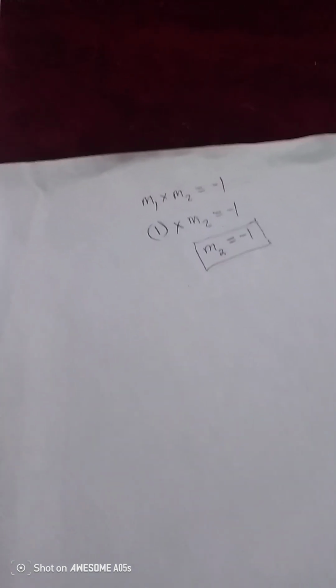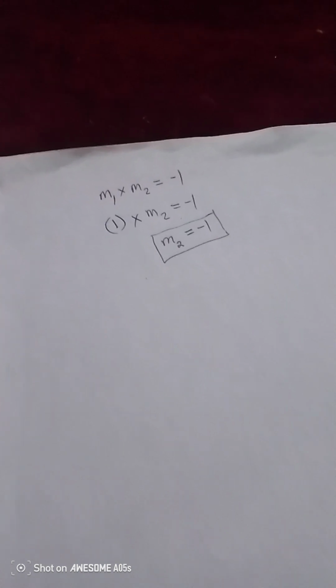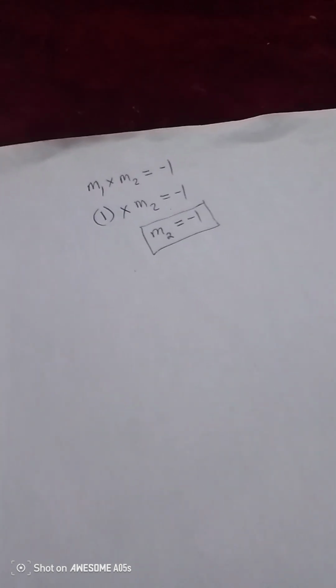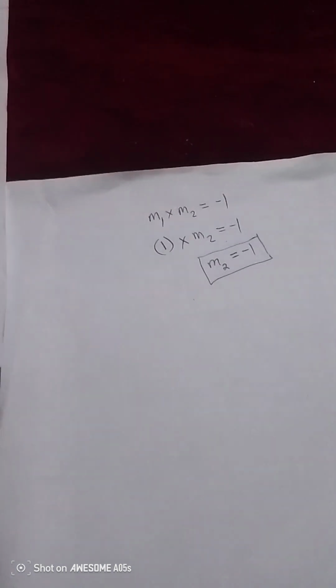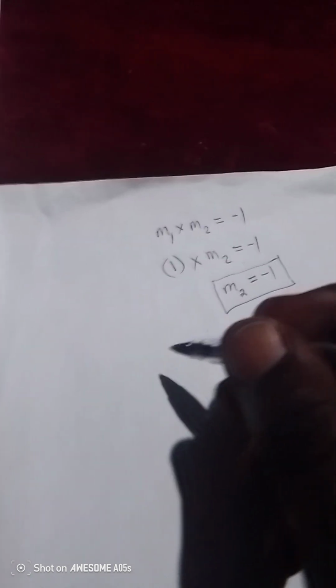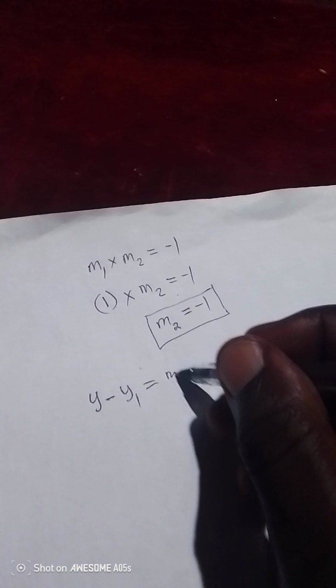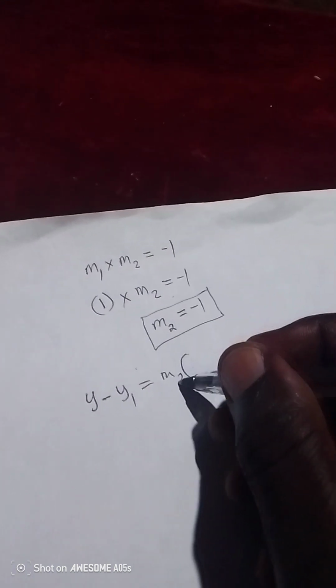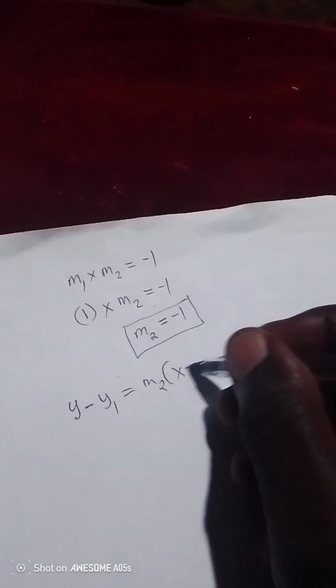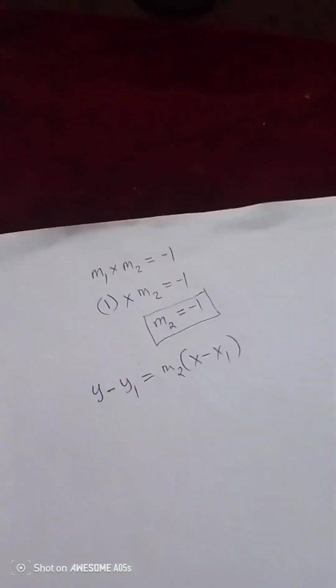Now our question asked us to find the equation of the normal. So the normal is simply a straight line. So we will rely on y minus y1 equals m, which we are going to name m2 in this case, times x minus x1.